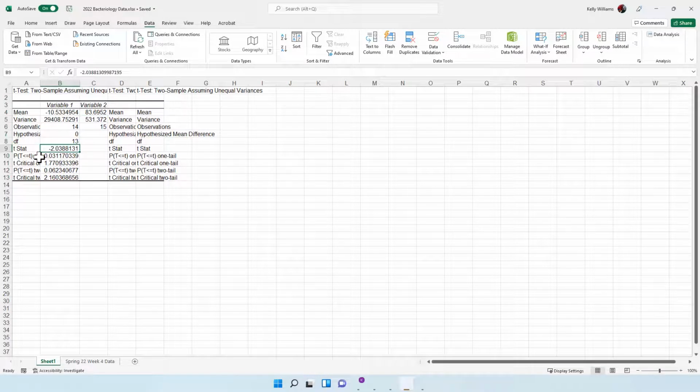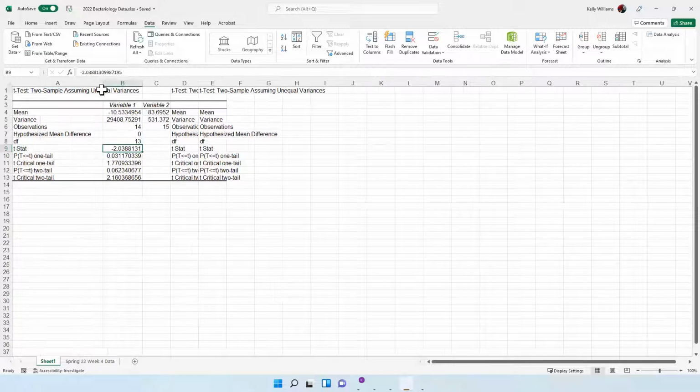The other one that we really want to know is our probability, okay? Let's see here. Probability on one tail. So I know one of you was asking, how can the stats be different, or how would you get different answers depending on your hypothesis?